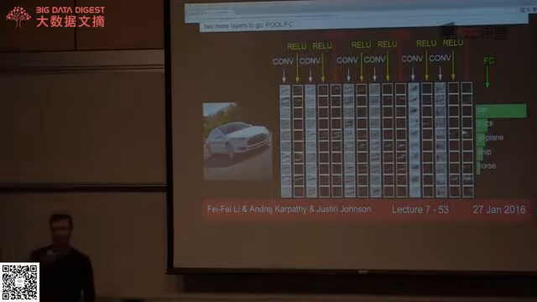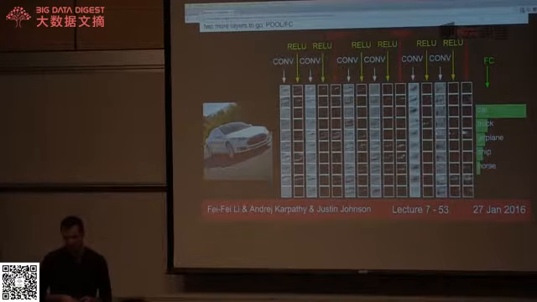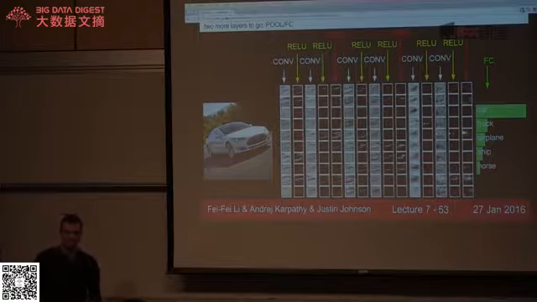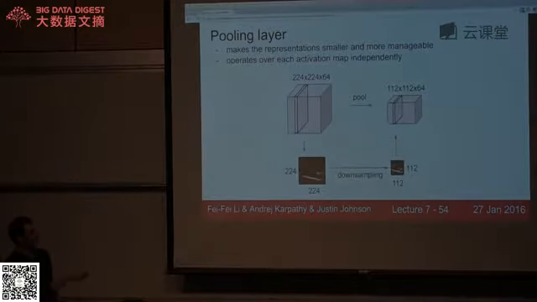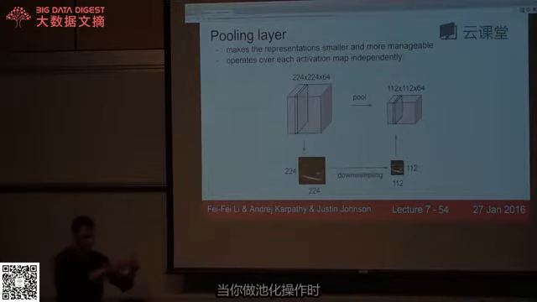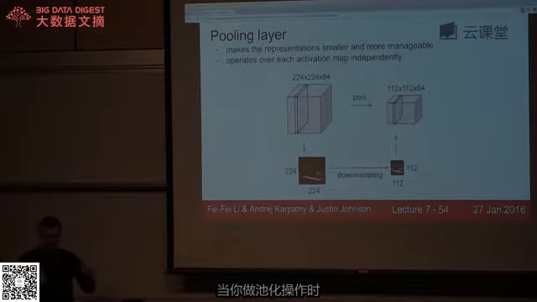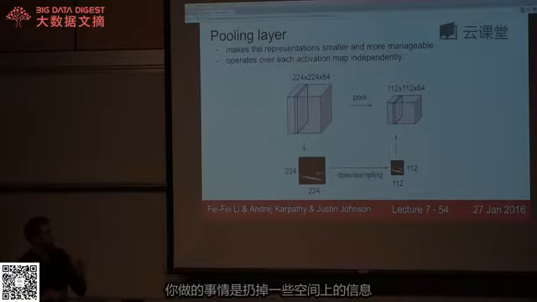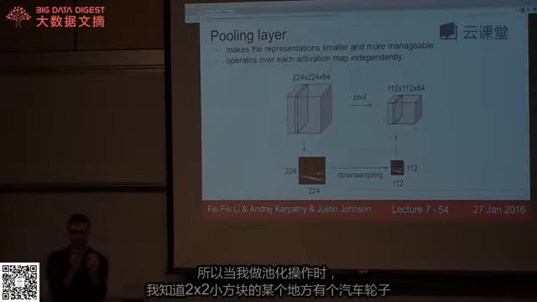Okay, go ahead. In that slide you just showed, it seemed like the later layers show more specific higher-level features, but then it seems like if you're pooling down, it would be harder to represent those sort of complex shapes. I see. Yeah. So you're saying that some of the filters later down respond to, say, little car wheels or something like that. When you do the pooling operation, effectively what you're doing is you're throwing away a tiny bit of spatial information.